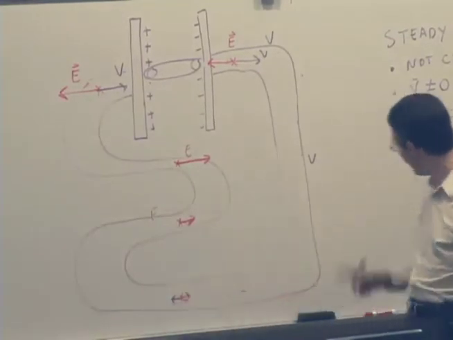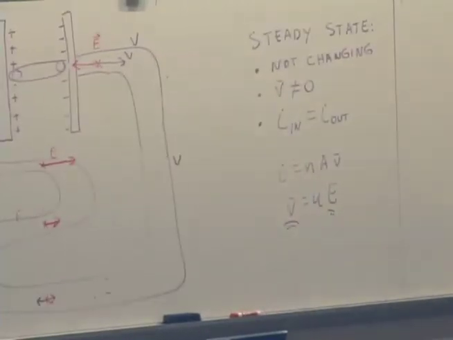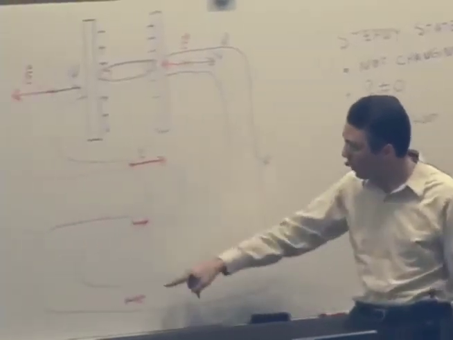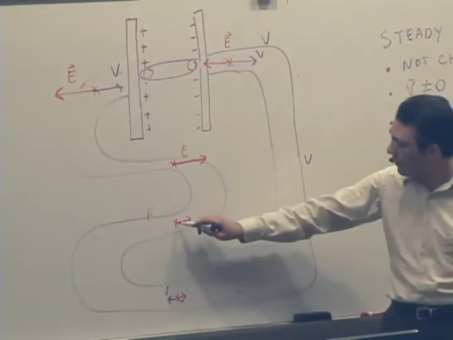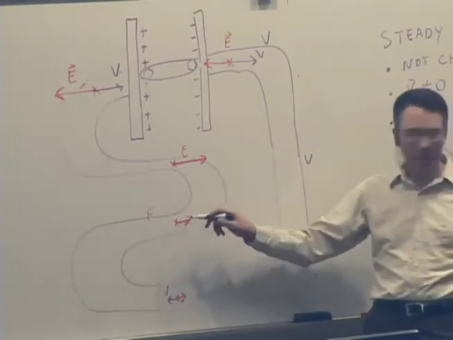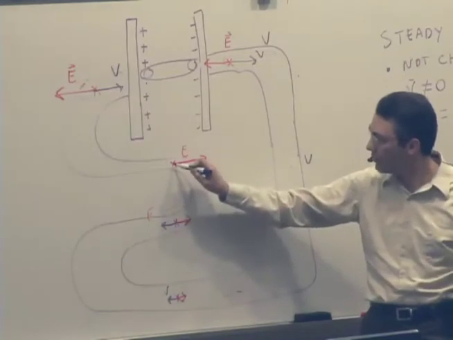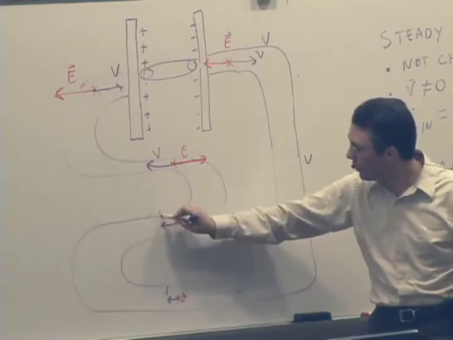And as a couple of you mentioned, the velocity and the electric field are proportional to each other. So if I have a bigger E, I should have a bigger V, and a smaller E, I should have a smaller V. Okay? And then here I have a velocity that points in the opposite direction. And here I have a velocity that points in the opposite direction of E. Okay? That's what the electric field is telling us.